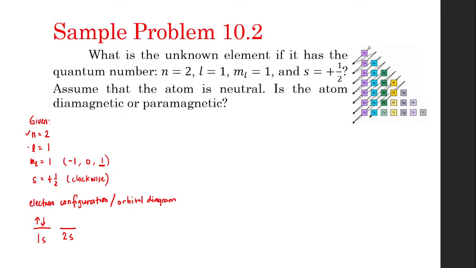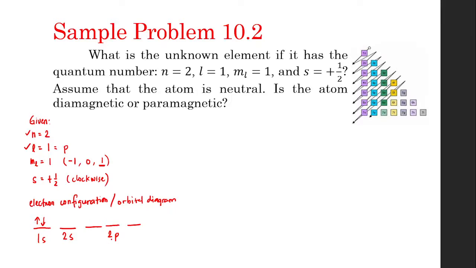But our l is 1, right? l for s is 0, which means our sublevel should be p, which means we are not at 2s, but we should be at 2p, which has 3 orbitals. So our l is now checked.